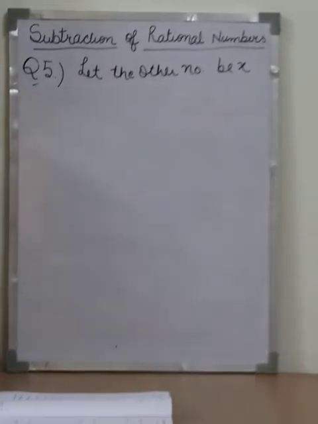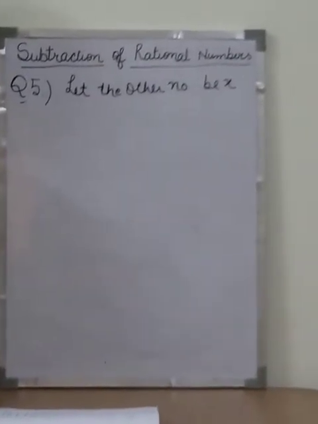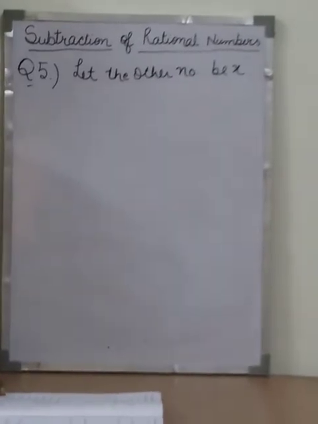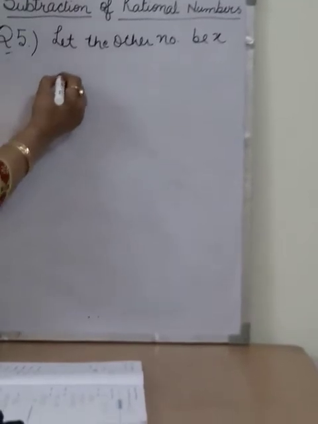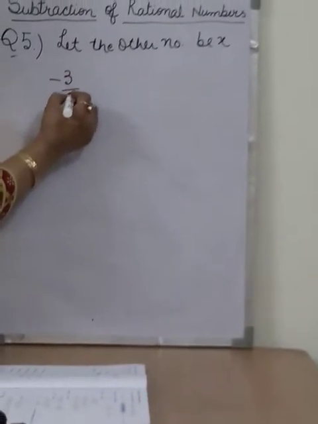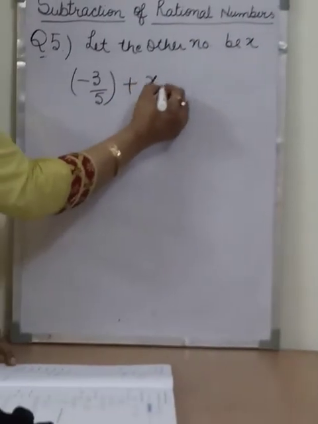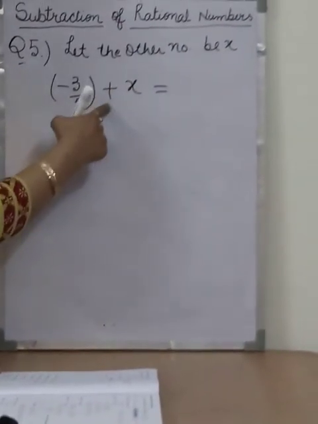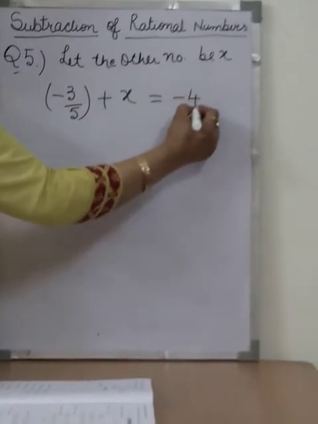Okay, now important is to write the mathematical expression. As we are finding the sum of two rational numbers, sum is minus 4. One of the rational numbers is minus 3 by 5. Another we let is x. And the plus sign is in between, and the sum is equal to minus 4.